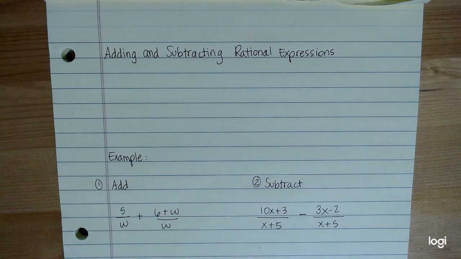So really, the main thing we have to pay attention to, besides whether we are adding or subtracting the rational expressions, is that denominator. When we were multiplying and dividing, it didn't really matter if the denominators were different, but when we're adding and subtracting with rational expressions, it does.